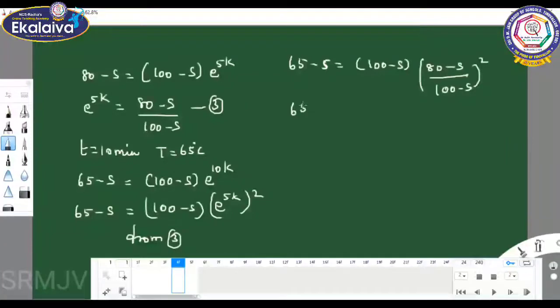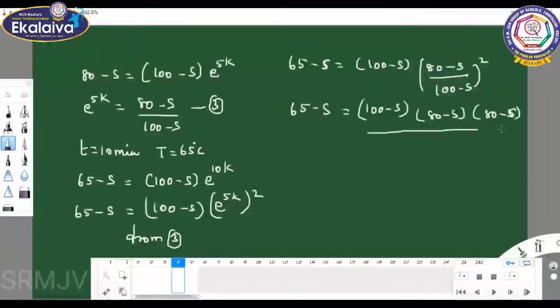So 65 minus s equal to 100 minus s into 80 minus s divided by 100 minus s into 80 minus s divided by 100 minus s. Because of the square I write it two times. 100 minus s, 100 minus s get cancelled.